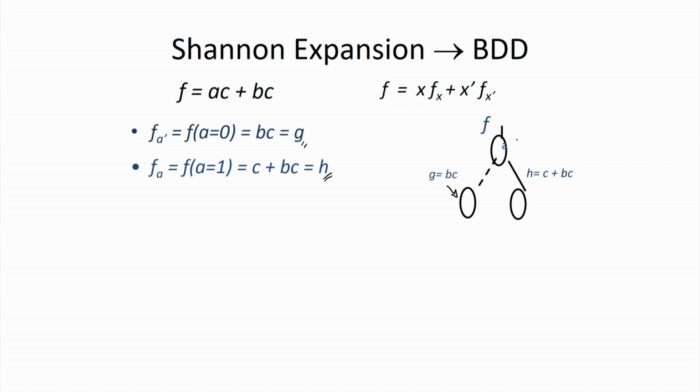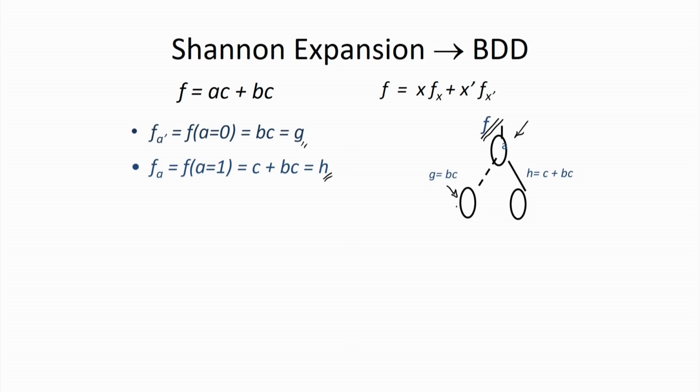Now, you just see that the root node is going to represent the given function f. After knowing the evaluation values of the variable indicated in this starting node, and here we are talking about a, a can have either 0 or 1. When we have a equal to 0, then we know that the functional value is BC, which we indicate with g.